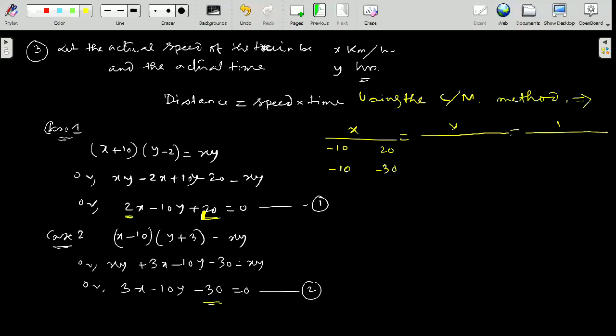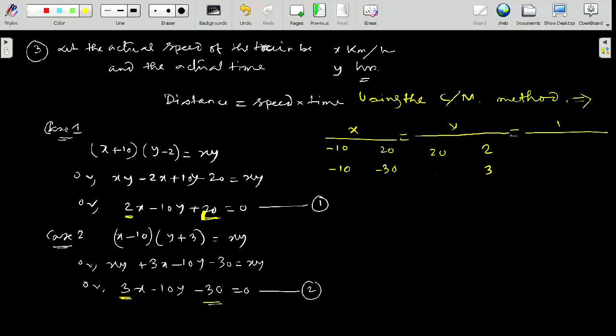So write 2 and 3, and constants as usual.